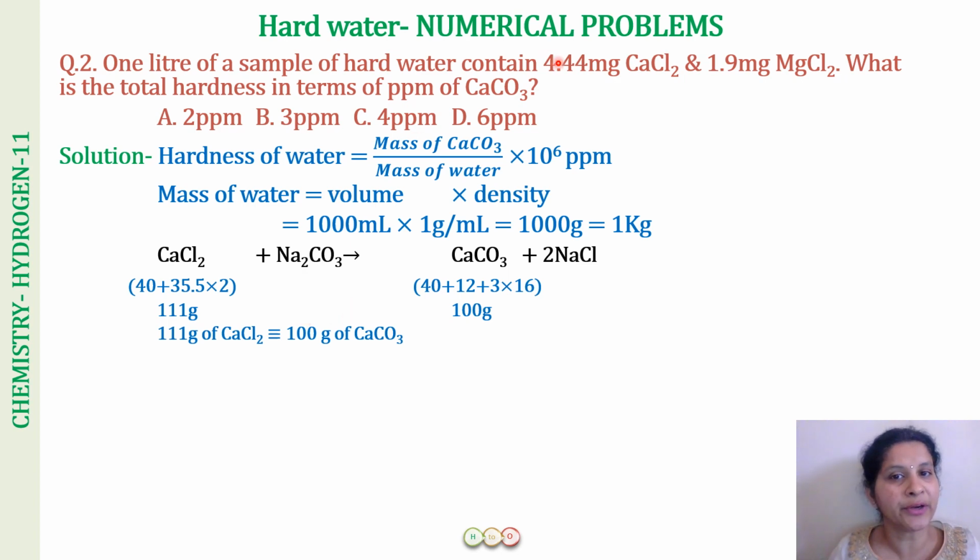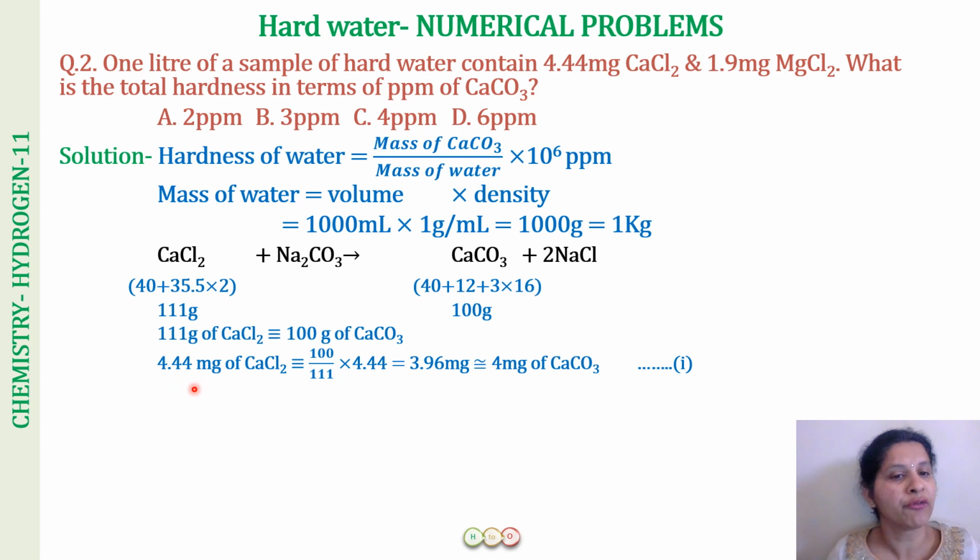What is given to me is 4.44 milligram of calcium chloride. Applying the unitary method, the mass of calcium carbonate will be 100 by 111 into 4.44. This will come up to 3.96 milligram, which is approximately 4 milligram of calcium carbonate. This is one way of doing it by using the mole concept.